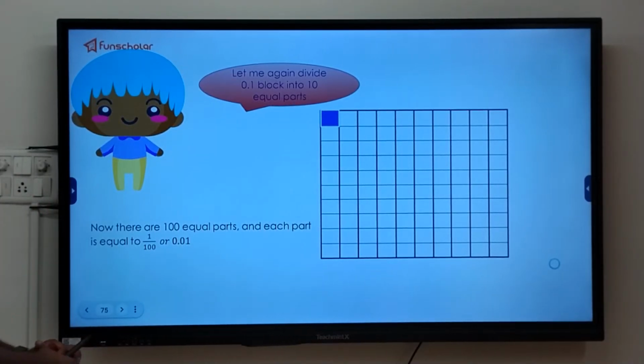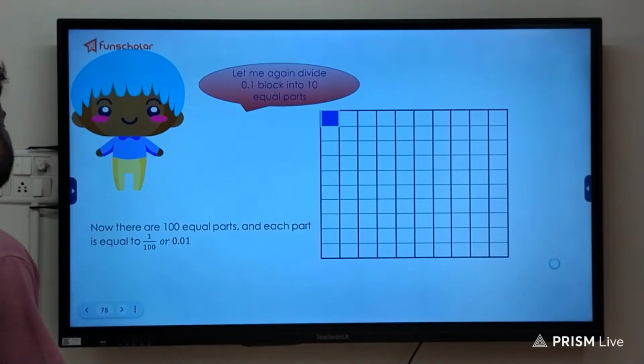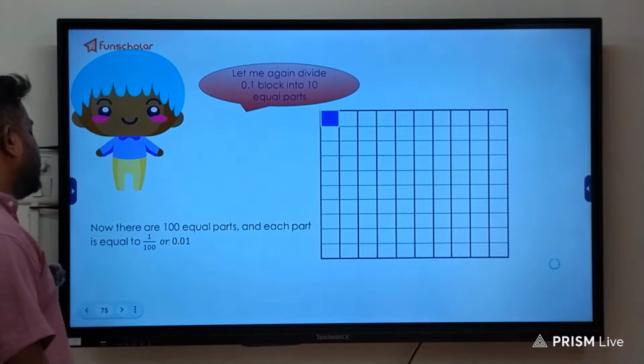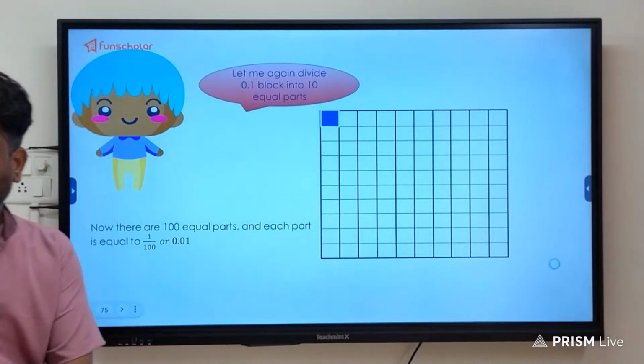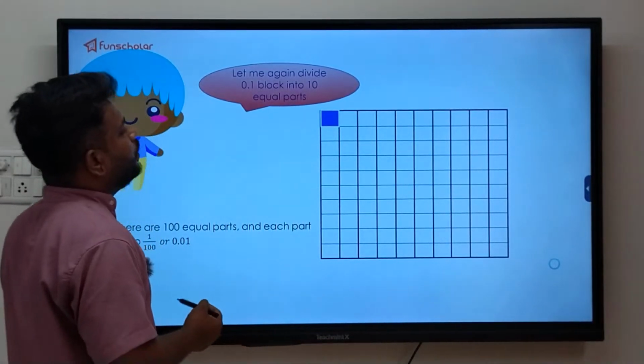Let me again divide the 0.1 block into 10 equal parts. Now there are 100 equal parts and each part is equal to 1 by 100 or 0.01. Okay, so this is also given to help you understand it better with the blocks.